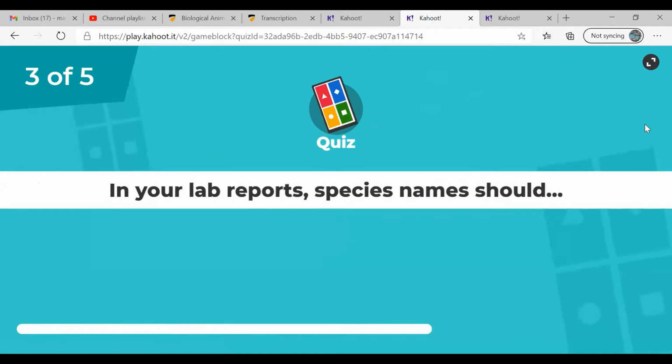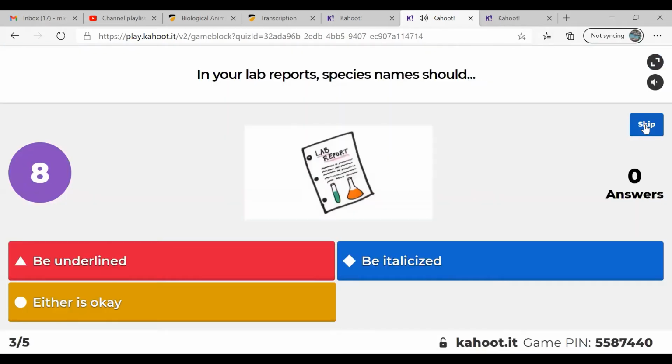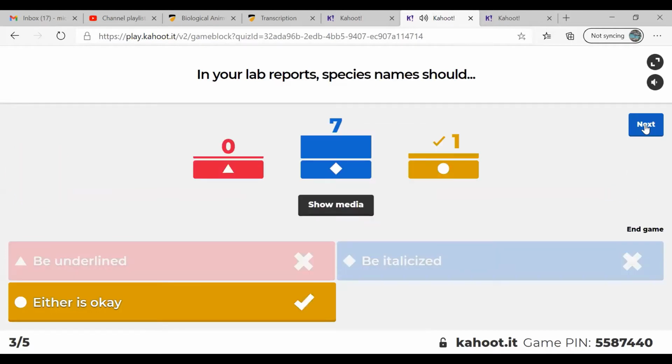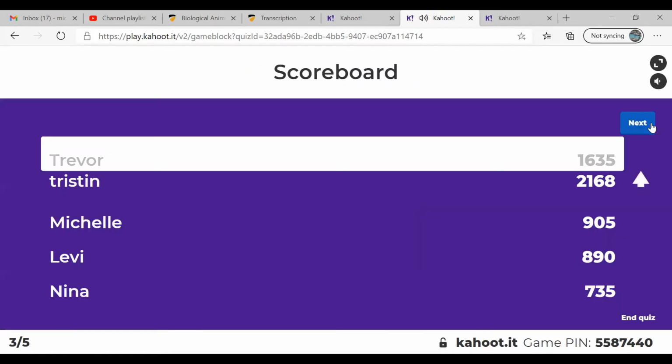Number 3, in your lab report, species name should be. So either is okay, underlined or italicized. My preference is that when they're typed, they're italicized, and when they're handwritten, they're underlined. Okay, good work, Tristan.